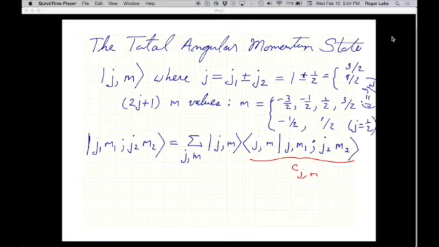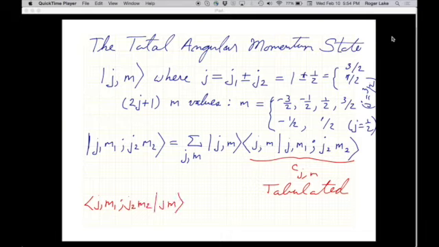And these things, fortunately, are tabulated in many places. They're very famous. They are known. So these matrix elements, <J1, M1, J2, M2|J M>, are the Clebsch-Gordan coefficients.